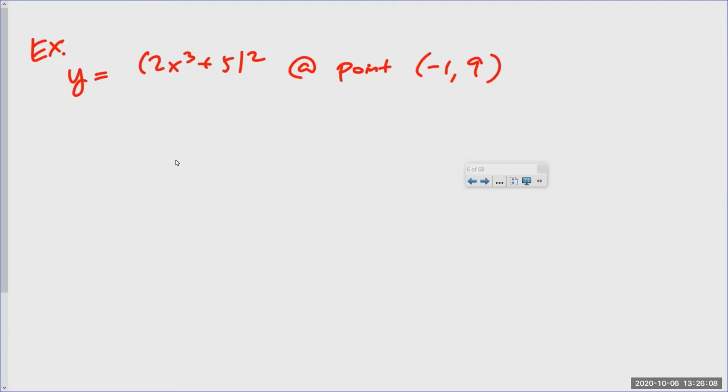You've got a function and you've got a point. We want the equation of a tangent line. What two things did you write down? Hopefully you wrote down point and slope. Those are the two things you need.